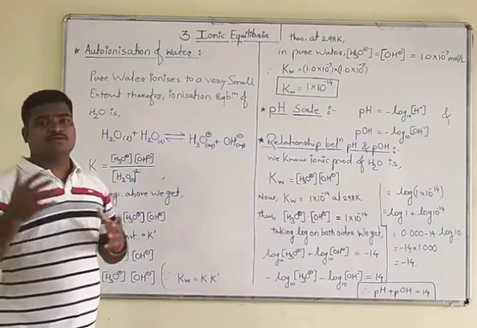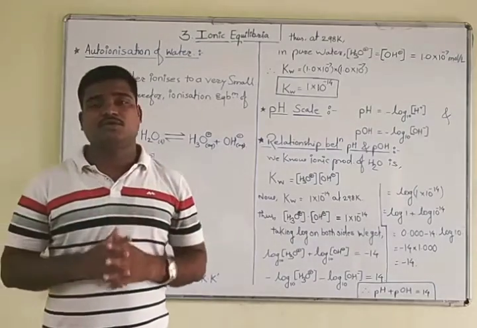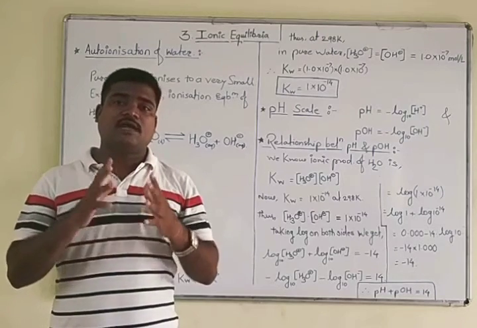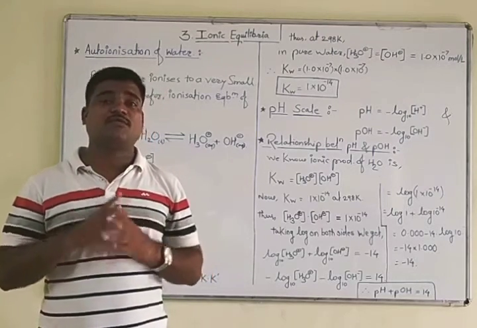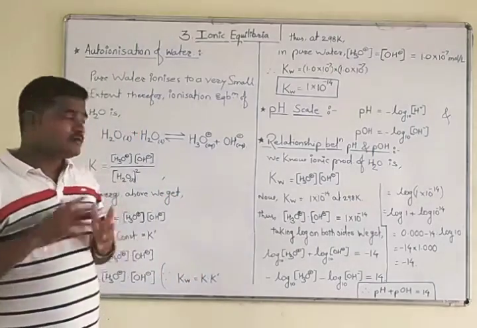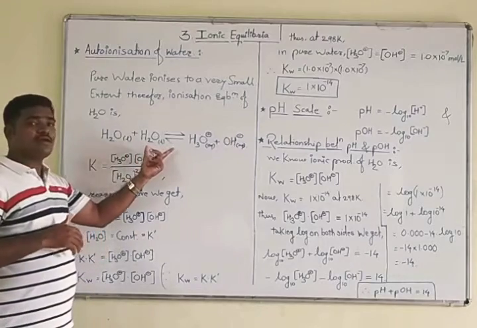Now, as in previous videos we have seen the acid dissociation constant and base dissociation constant, that is Ka and Kb for weak acids and weak bases, like that we can also write for water molecules.